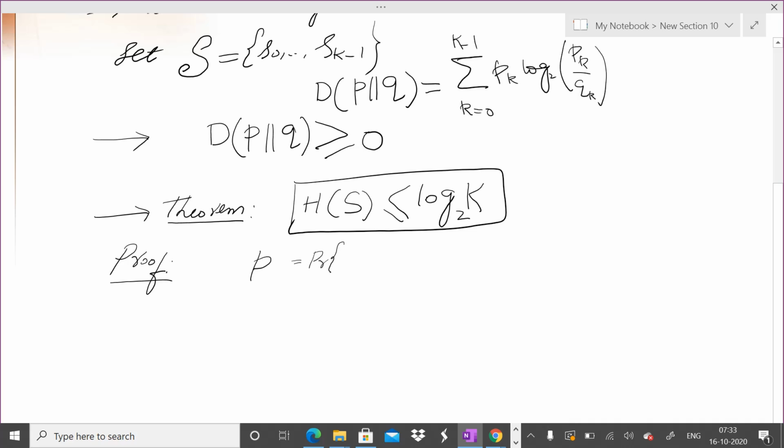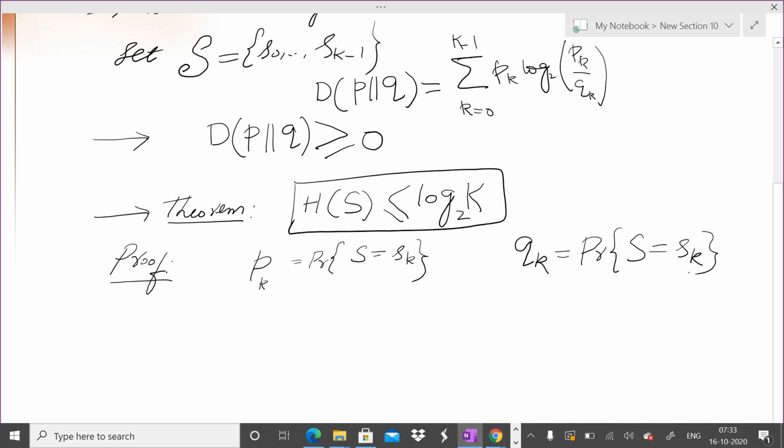It is the probability that the random variable S takes some value sk, and qk is also the probability that the random variable takes some value sk.